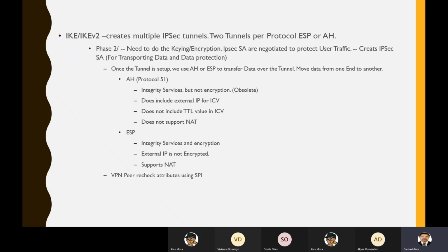So this is an interactive session. If you have any queries, just inform, or also, if at least you can say that you understood, we can move a little bit faster. So hopefully you have understood this portion. Now we'll go to ESP and AH. As I said, AH is authentication header.